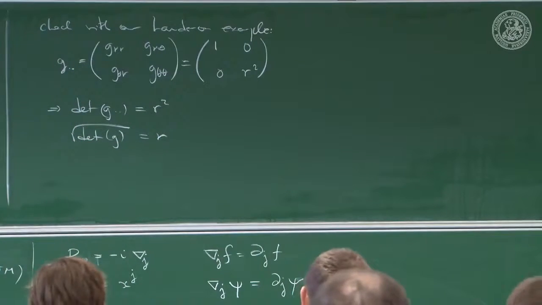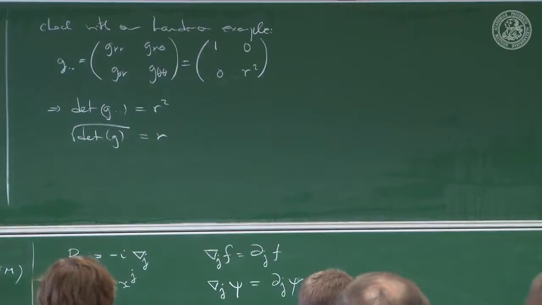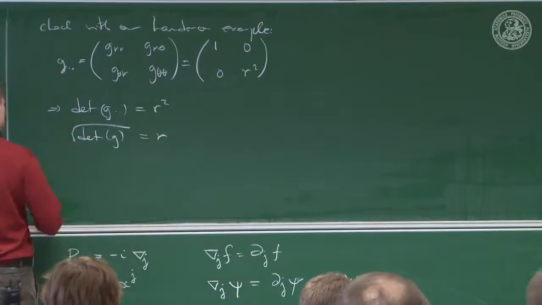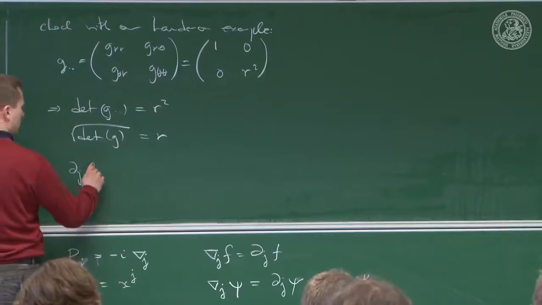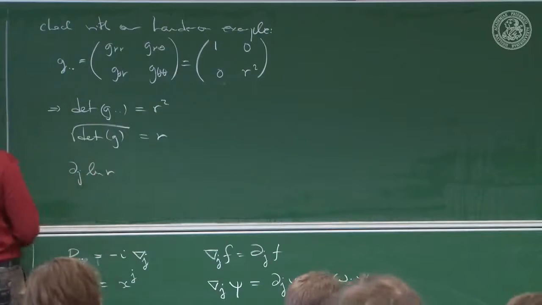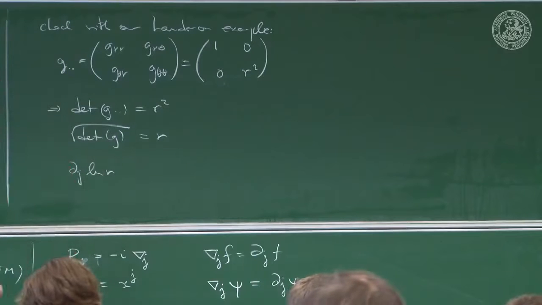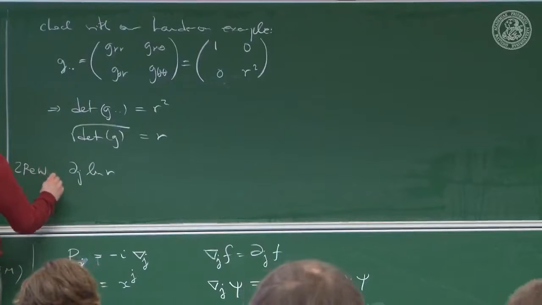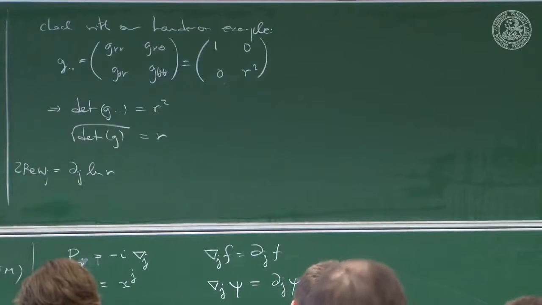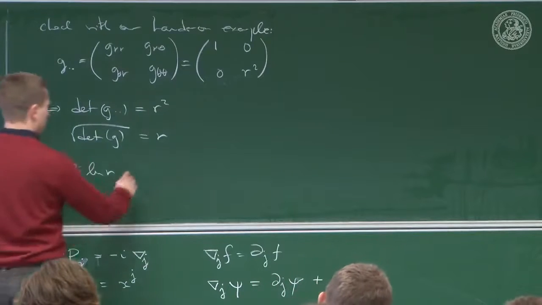We can forget about any absolute value signs. And so then we calculate del j of ln r, right? And this is supposed to be 2 times the real part of omega j. And you know what that is.